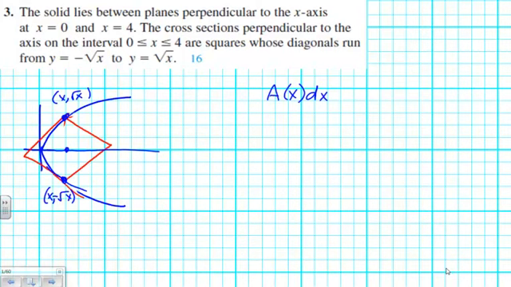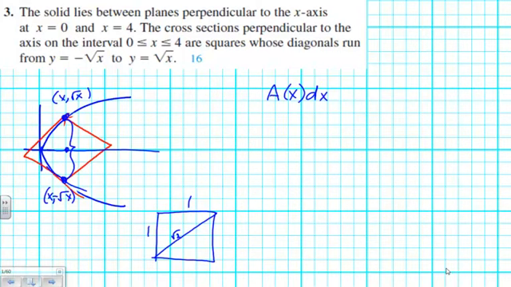Let's see. What do I know about squares? I know that squares, if they have sides 1 and 1, they have a diagonal, which is root 2. Now, that's great if you have a side length and you want to know the diagonal. But in this case, what I really have is that I know that this diagonal is 2 root x. And what I want to know is, what's the side length?